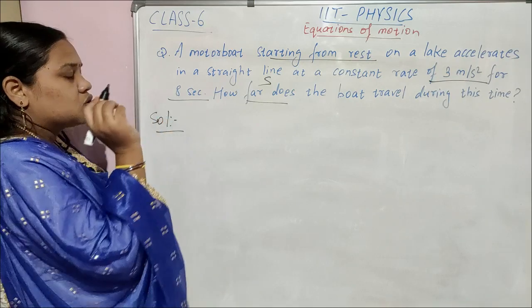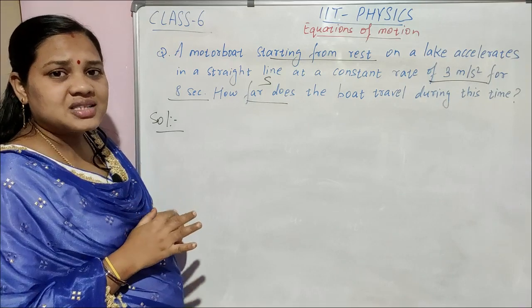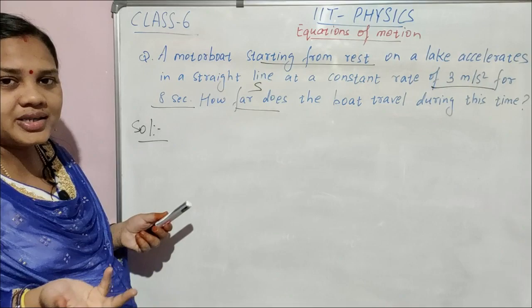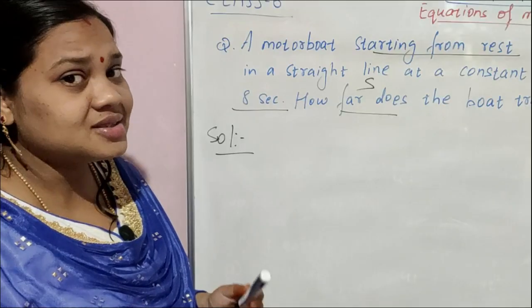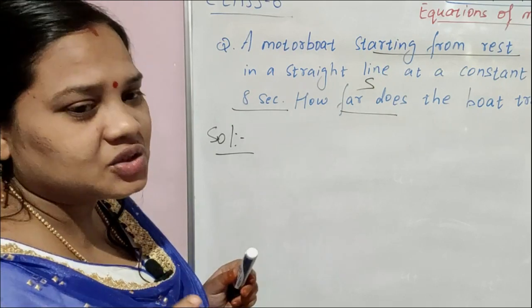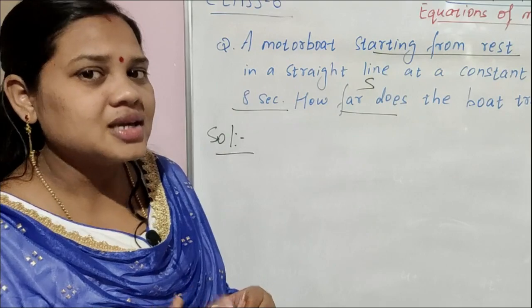The first thing, as we already discussed, whenever a body starts from rest, means not moving, its velocity is 0. So when it starts from rest, its initial velocity is 0.